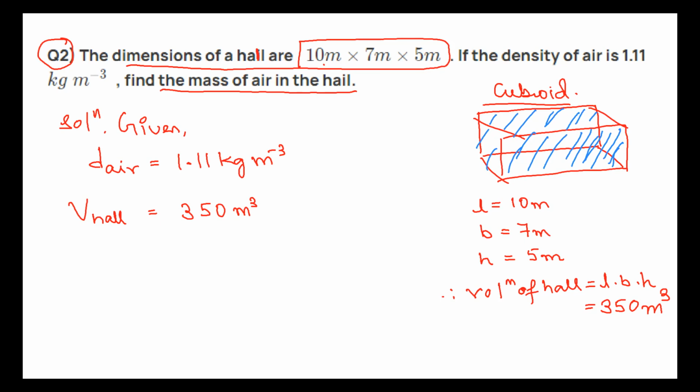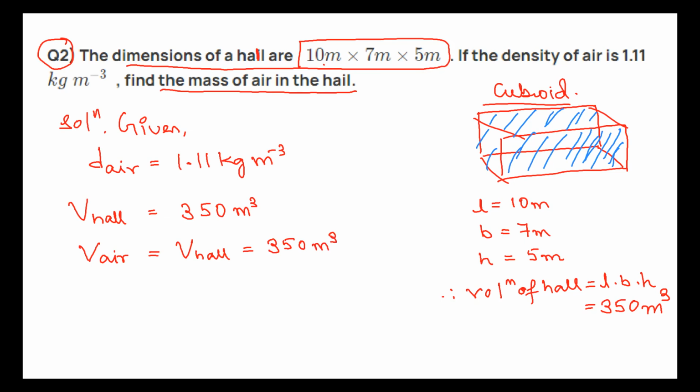They always take the volume of the container in which they are placed. So in this case, the air molecules are placed in hall. The volume occupied by air will be same as the volume of the hall, which is 350 meter cube. Is this point clear?